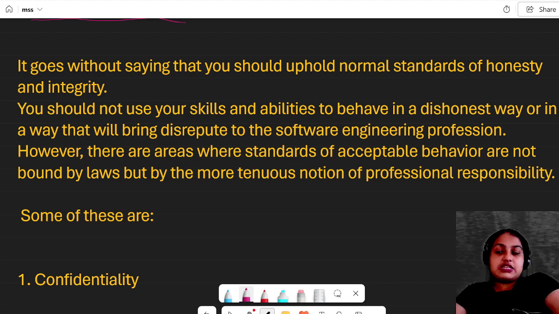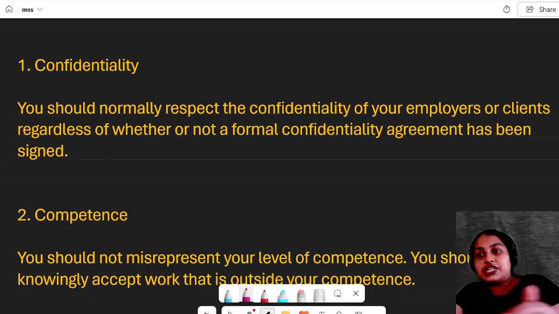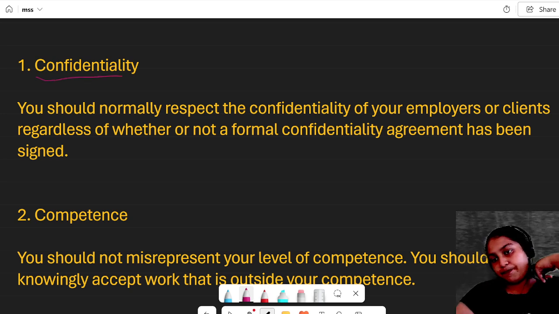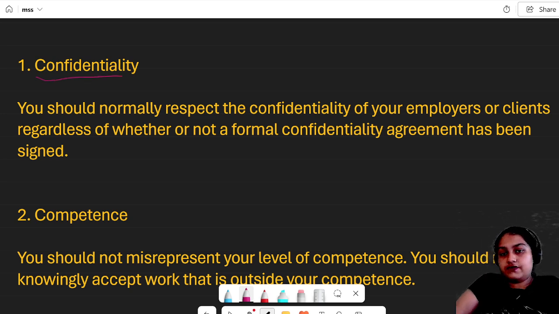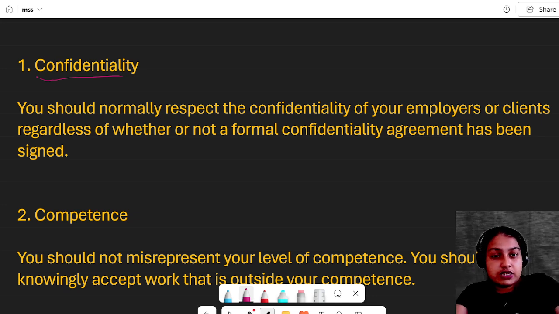Some of these are, first one, confidentiality. What is confidentiality? Keeping things in a confidential manner. It's not about being secretive. Usually, we should respect confidentiality, even if it's of the employers or of the client. We may not have any sort of formal agreement, we might not have signed any confidentiality agreement, but still there is something called confidentiality which goes without saying.